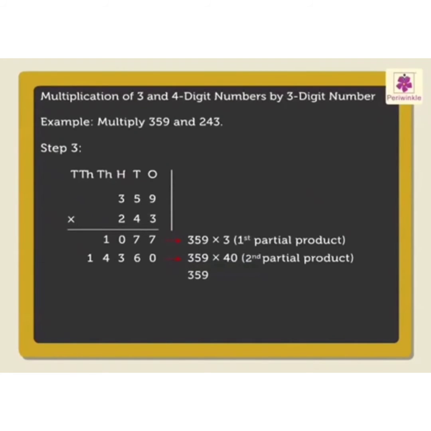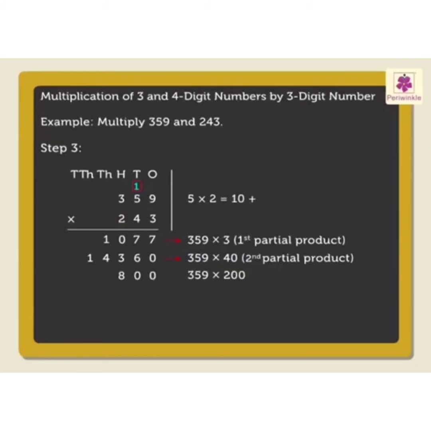So, we write a 0 below the digits 0 and 6 of the second partial product. Next, 9 into 2 is equal to 18. Now, multiply 5 into 2, which is equal to 10 plus the carried over 1, which is equal to 11.